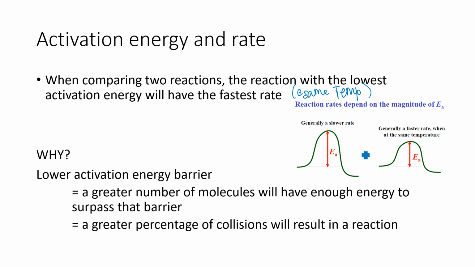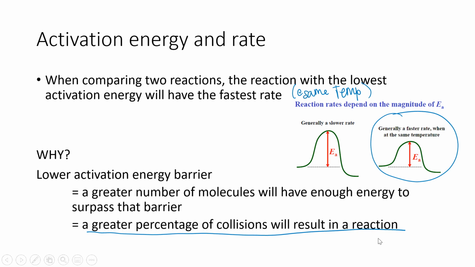And without knowing anything else about these reactions, I can say that this reaction is generally going to occur faster because its activation energy is lower. And the reason here is we are lowering that activation energy barrier. So the result will be a greater number of molecules will have enough energy to surpass that barrier. Another way you can think of it is a greater percentage of those collisions will result in a reaction.